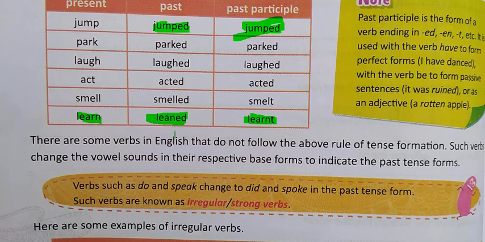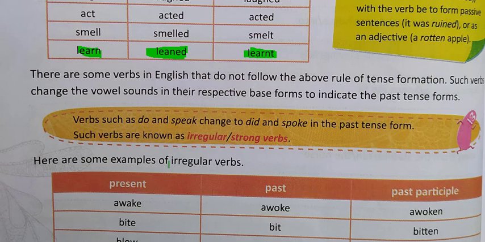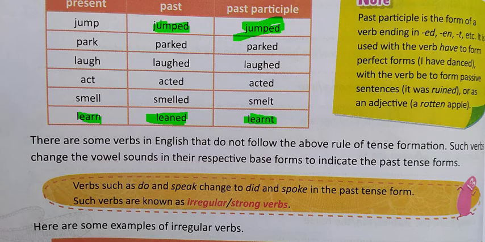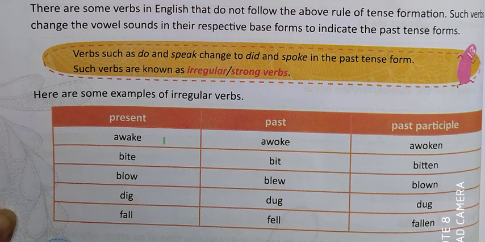Now there are some verbs which change their spellings completely when we speak about them in the past form. Like jump, in past it became jumped. Park, the past became parked. But there are some verbs whose spelling changes massively. For example, awake became awoke.